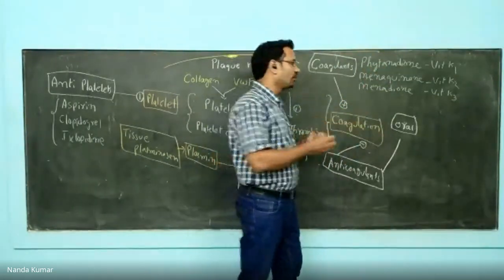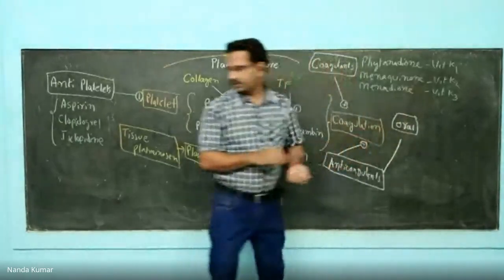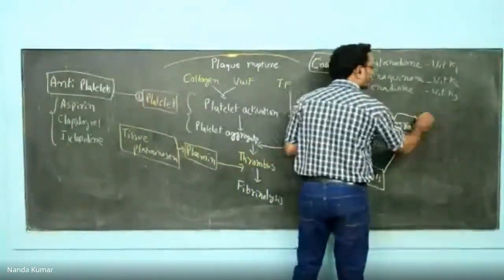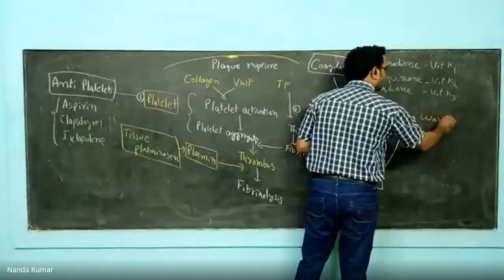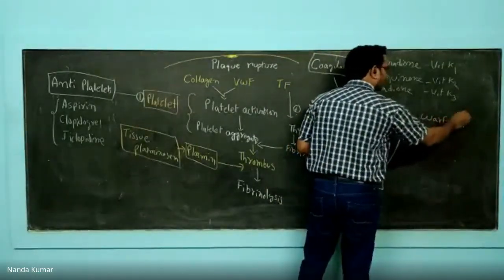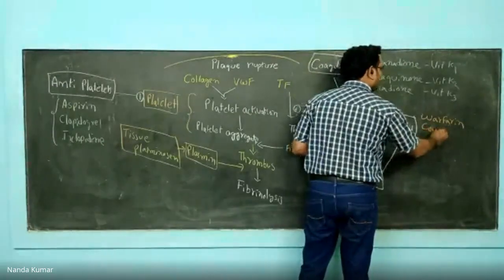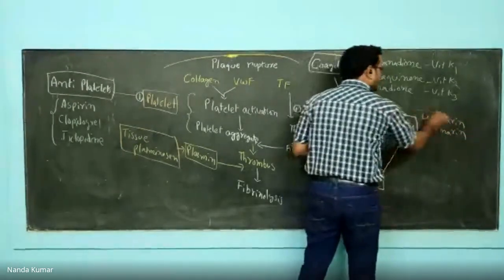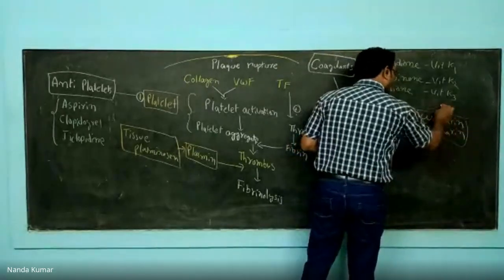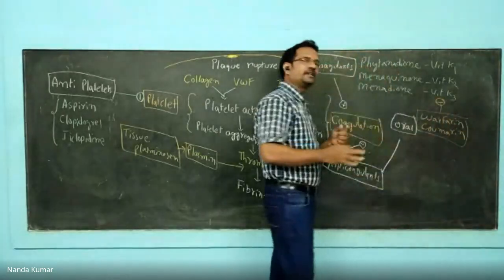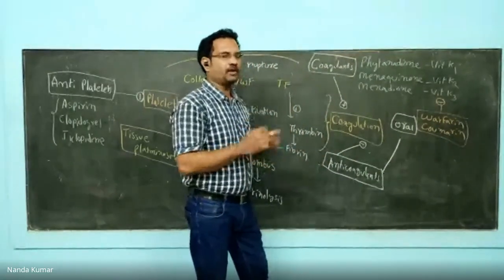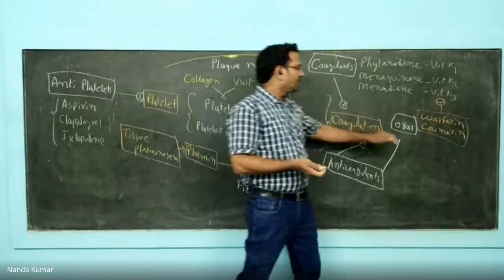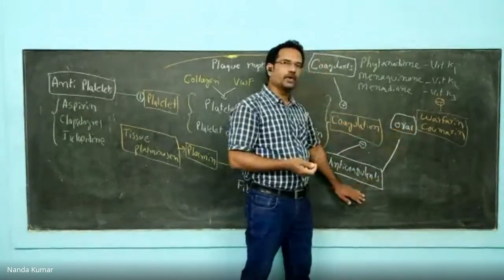What are they? Vitamin K antagonists are warfarin, coumarin, and coumarin derivatives. Their job is as vitamin K antagonists. They block the activation or the function of vitamin K, and hence they are known as oral anticoagulants.